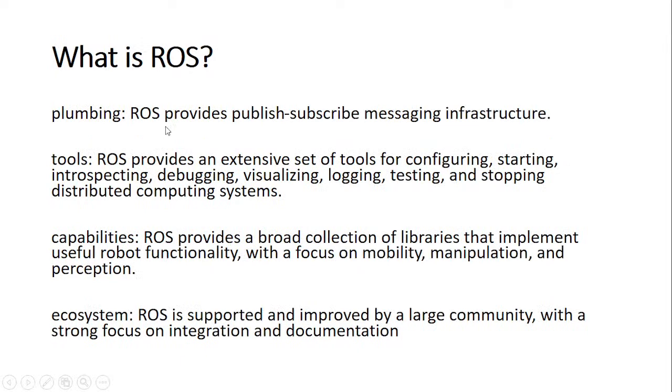Then plumbing: ROS provides a publish and subscribe messaging infrastructure. Plumbing is for message transfer, sending and receiving messages. I've told you about one ROS example, SLAM, simultaneous localization and mapping. In SLAM, a robot can move from one point to another. In that case, the robot should first be able to map the entire environment.